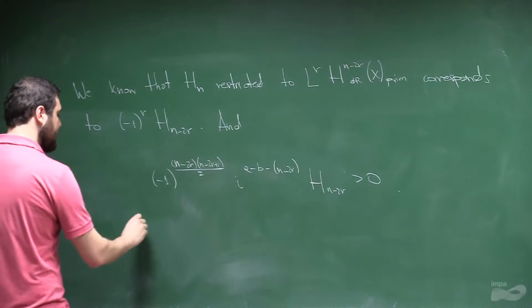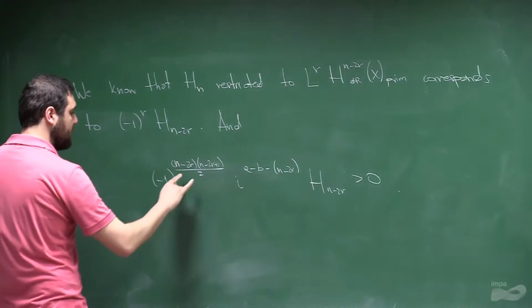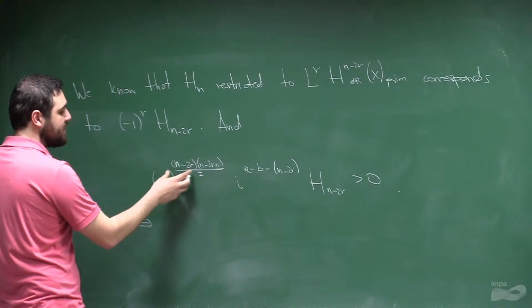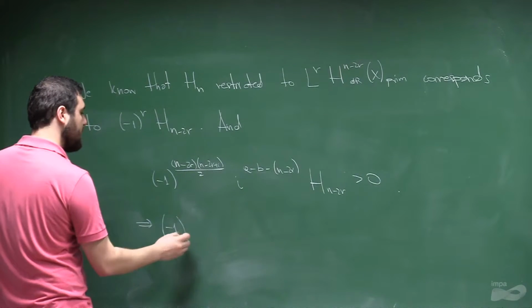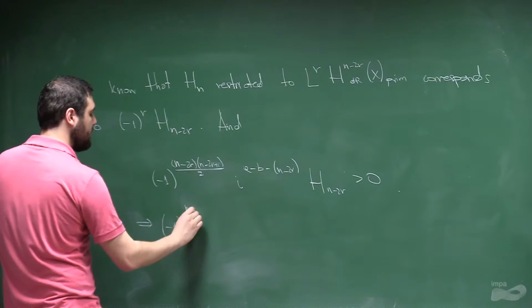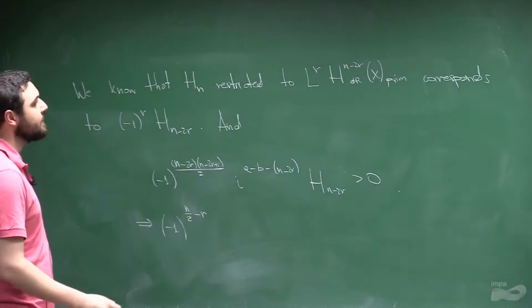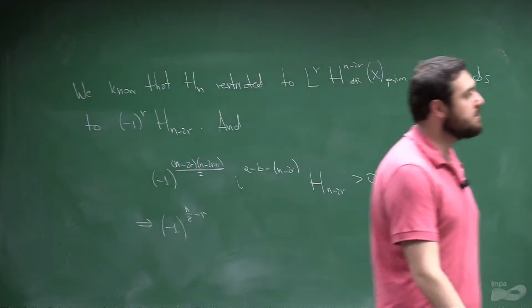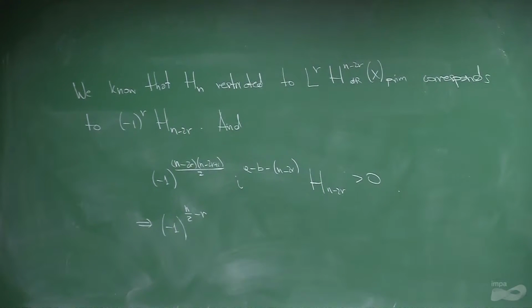So this implies that, if we compute this number, it will be just (-1)^{n/2-r}. I mean, something that I forgot to mention is this is a compact Kähler manifold of even dimension n.